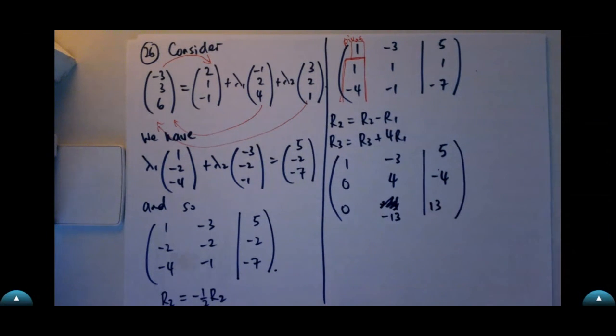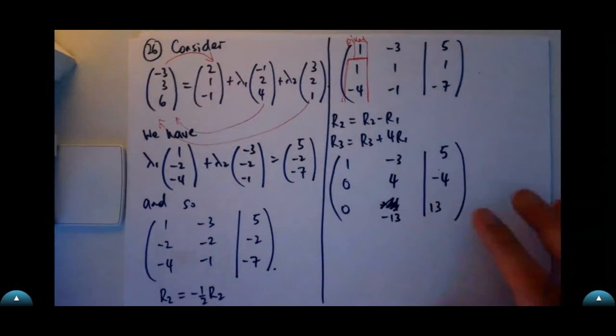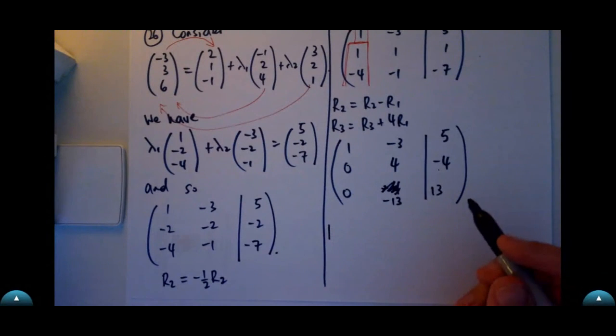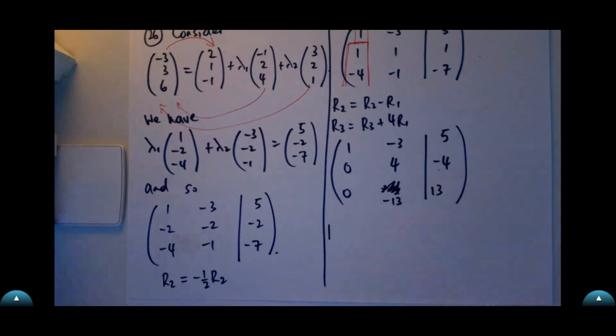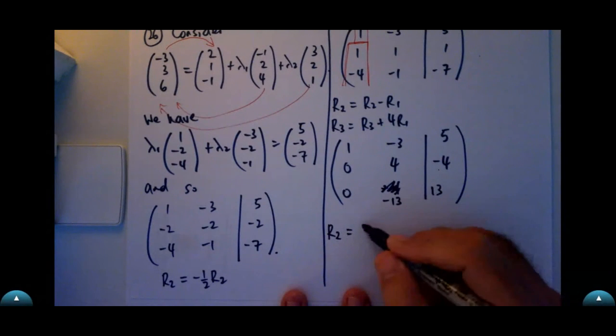Okay. So now you can see, well, row 2 and row 3 are a multiple of each other. So we can simplify that straight away if you want, or you can just go like this.